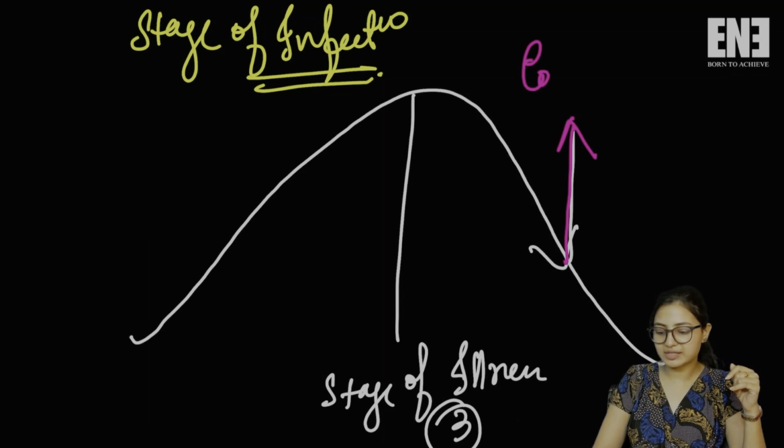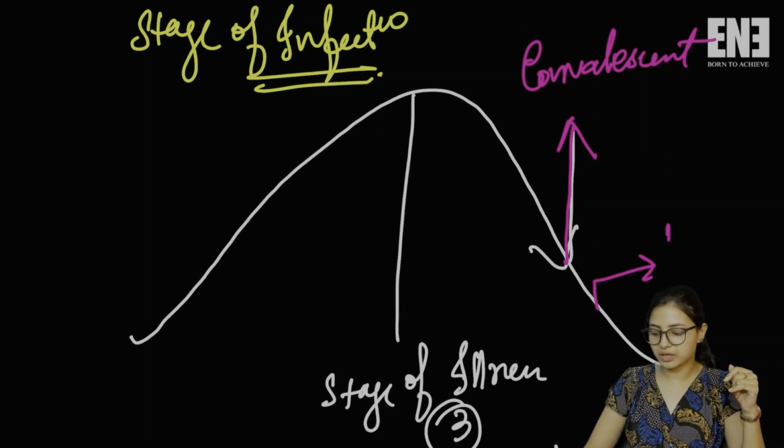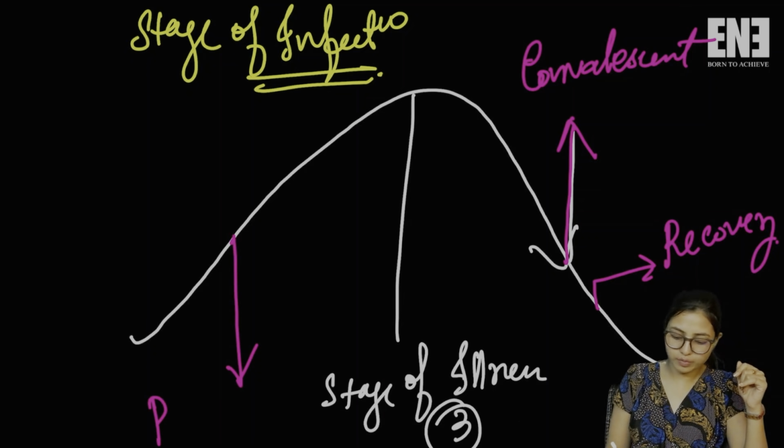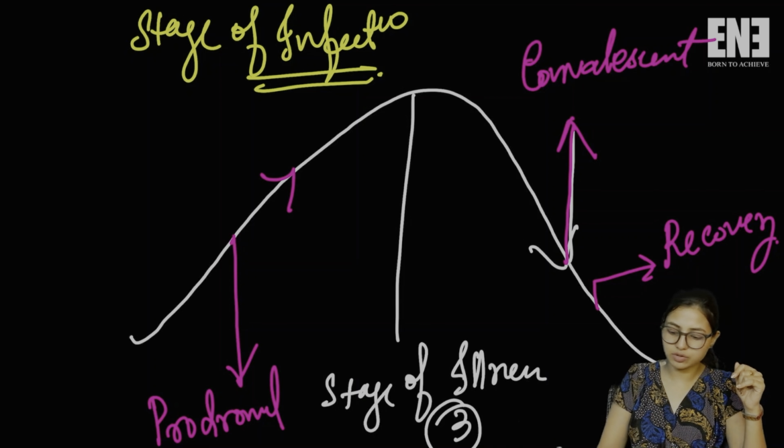This is the convalescent stage. ठीक है? This is the recovery stage. Then it starts to increase, this is the prodromal. It is increasing like this, no? It has its peak, then it starts to decrease.